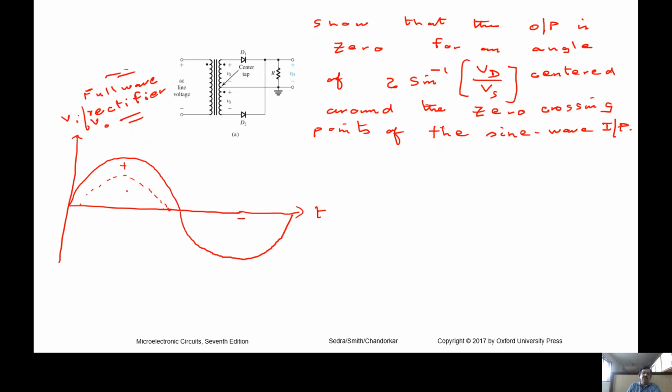This is my sinusoidal output, and again here I will get it like this. These are the outputs, and the outputs are shown by the dashed line.